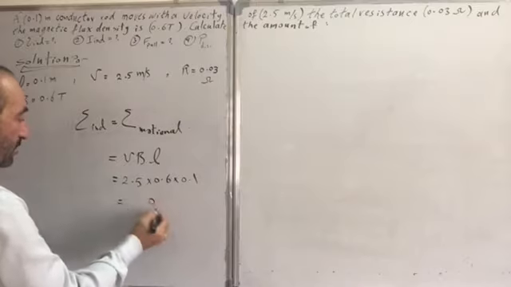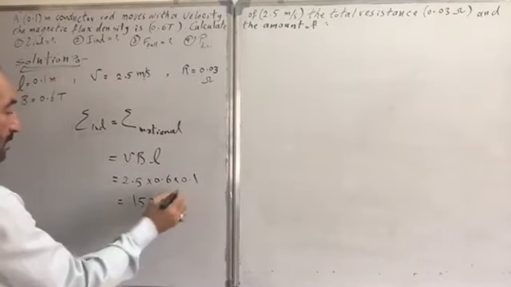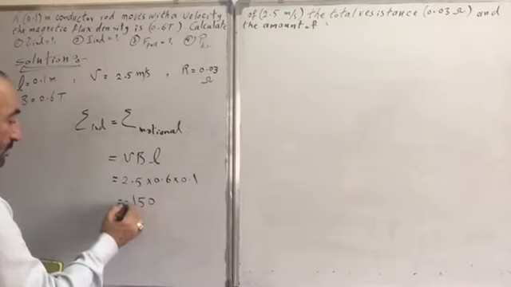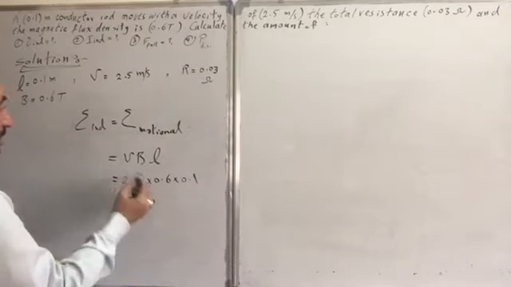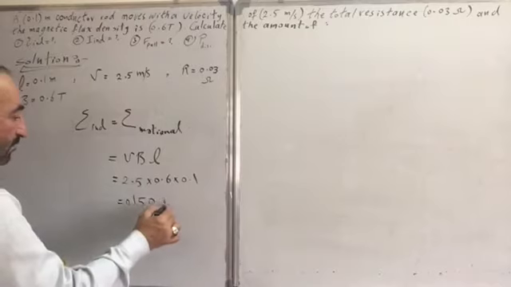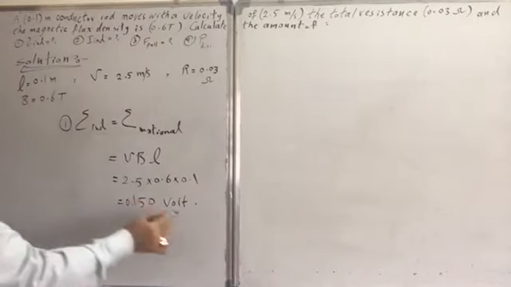E induced or E motional equal 0.15 volt. This is the first order.